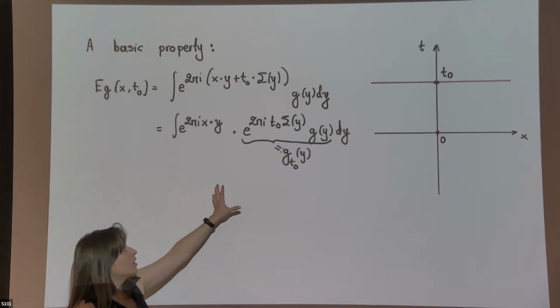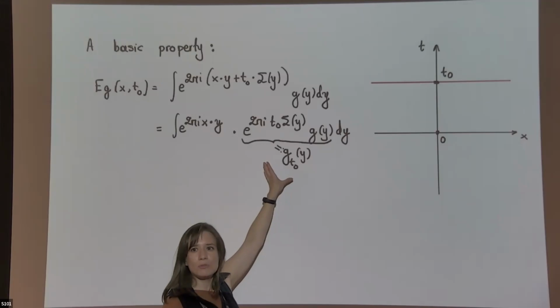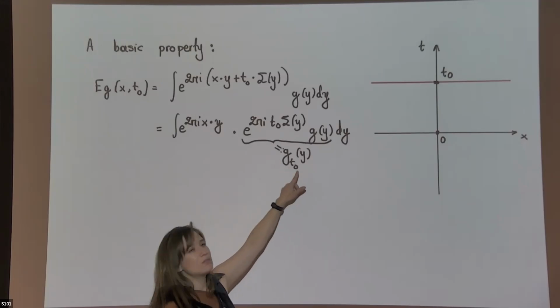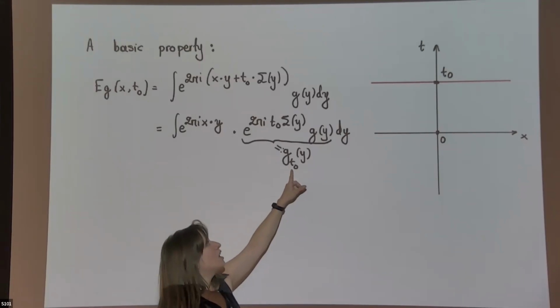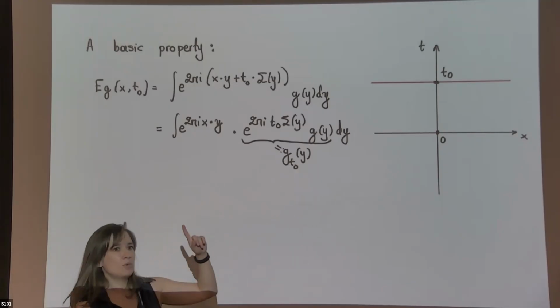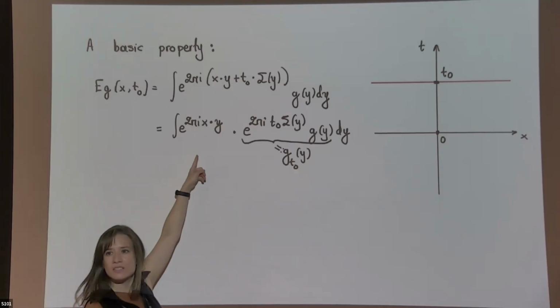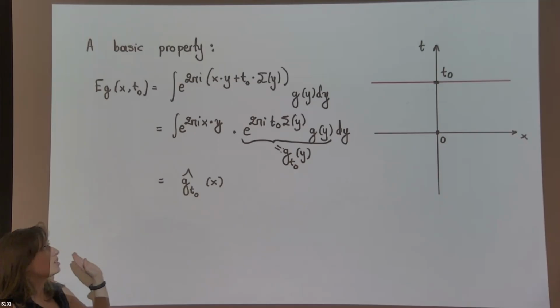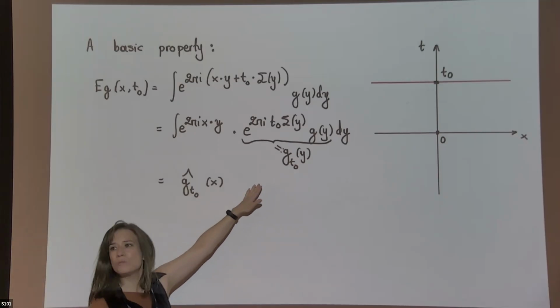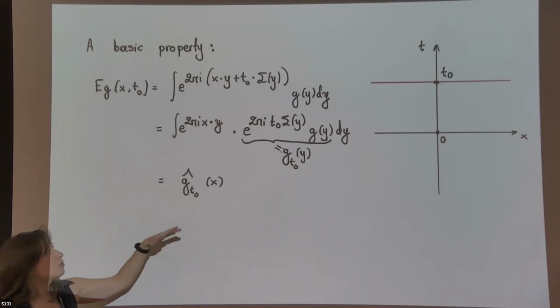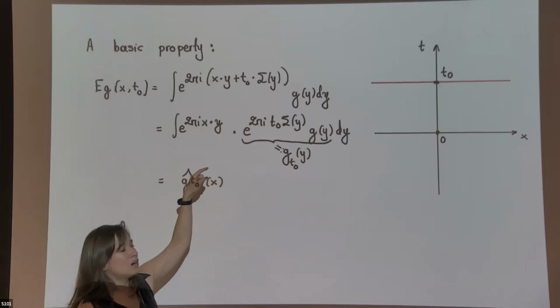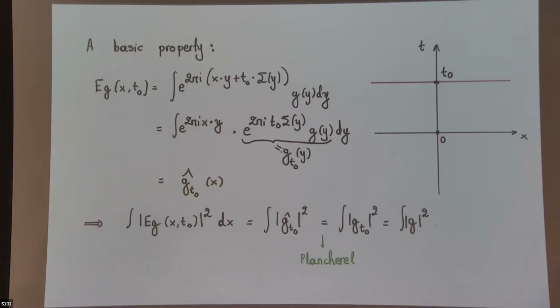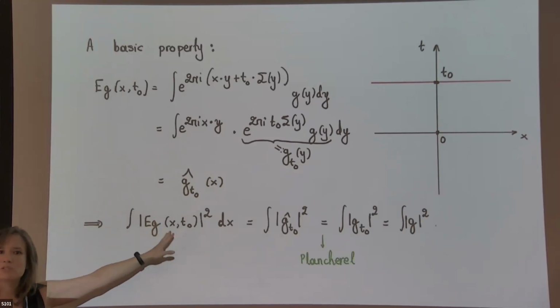So here we have a function of y that is simply a modulation of the original g. And y is a variable in R, just like x. So this is a standard Fourier transform of whatever this modulation is. So when you try to look at the two norm on this line, it's the same as the two norm of this Fourier transform.